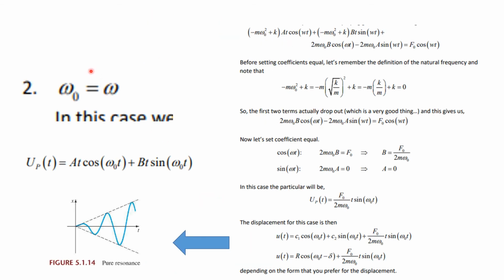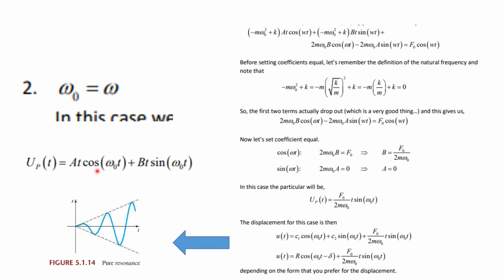But now let's consider what happens if omega does equal omega 0. The same thing happens with the complementary solution, but with the particular solution we have d squared plus omega squared, whole squared, which will give rise to a factor of t in the particular solution.